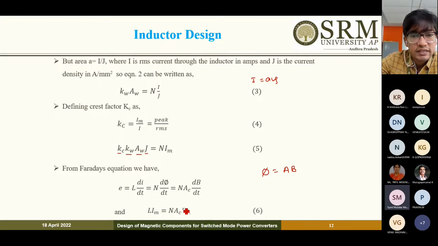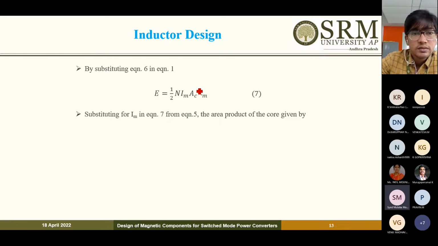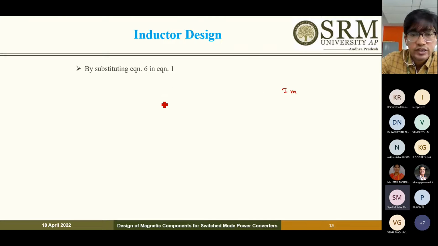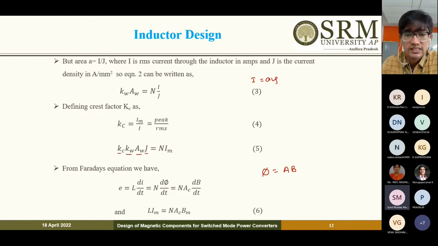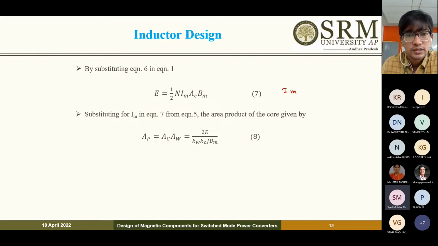Now substituting equation number 6 in equation 1, we get the energy equal to half into N into Im Ac Bm. Again, if you calculate Im from equation number 6 and substitute here, we get the area product. The area product AP will be equal to the core area into the window area.